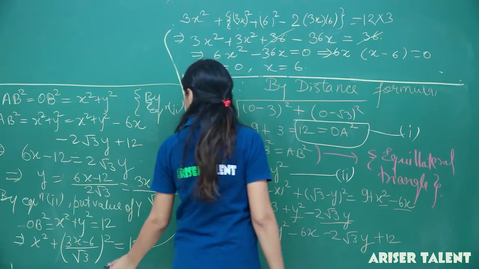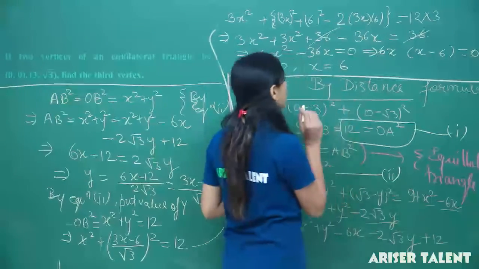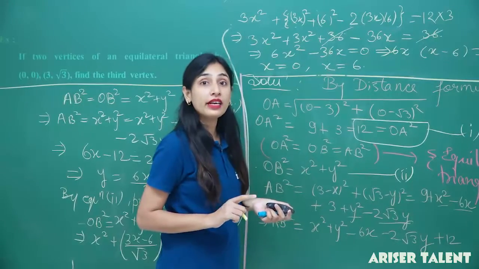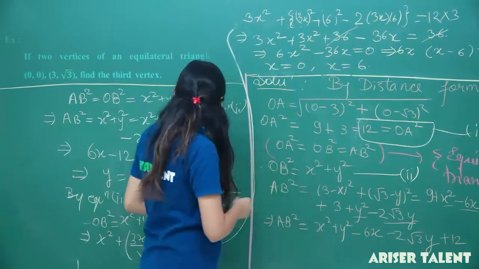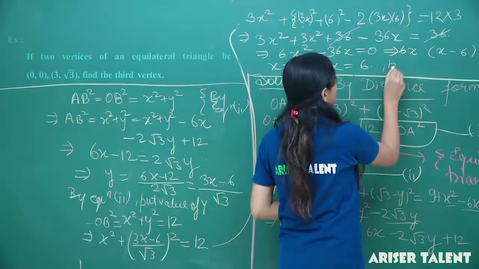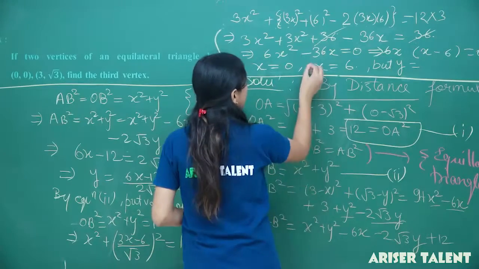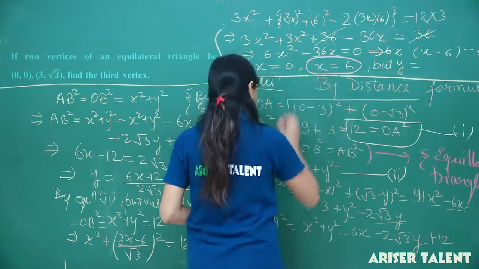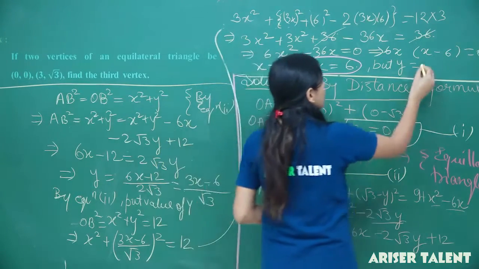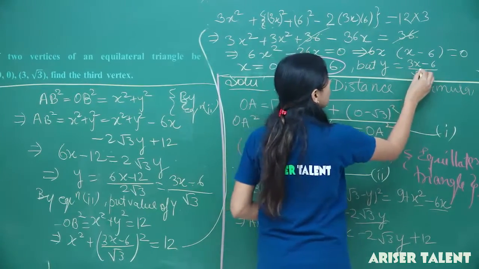Now, is that our question? The third vertex. So we have to find the value of x, which we have found. Now, what is the value of y? We have found first that y equals 3x minus 6 upon root 3.